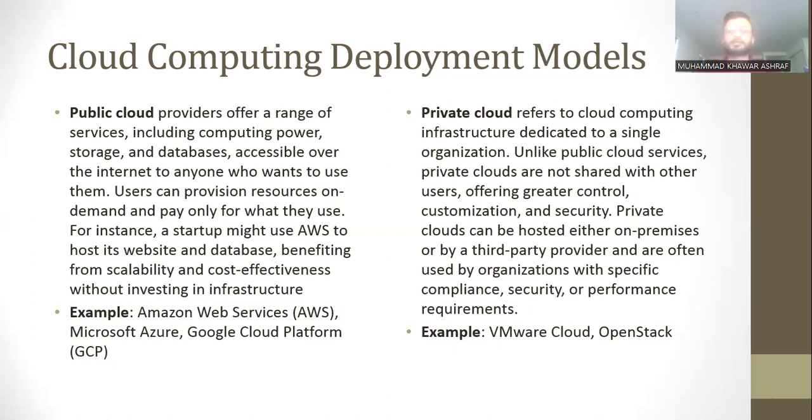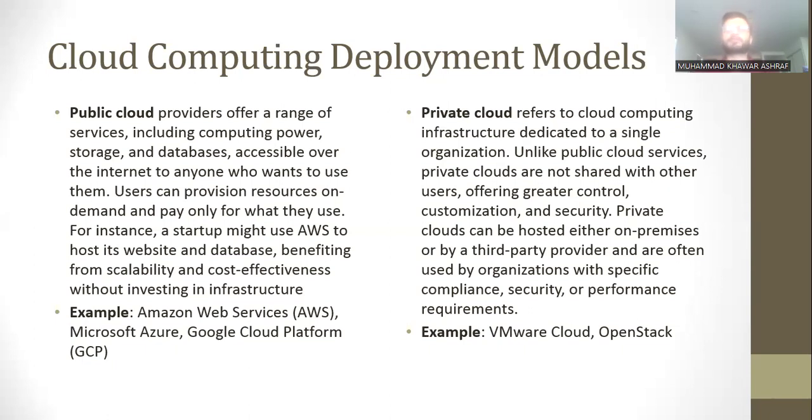For instance, a startup might use AWS to host its website and database, benefiting from scalability and cost effectiveness without investing in infrastructure. The examples are Amazon Web Services, Microsoft Azure, and Google Cloud Platform.